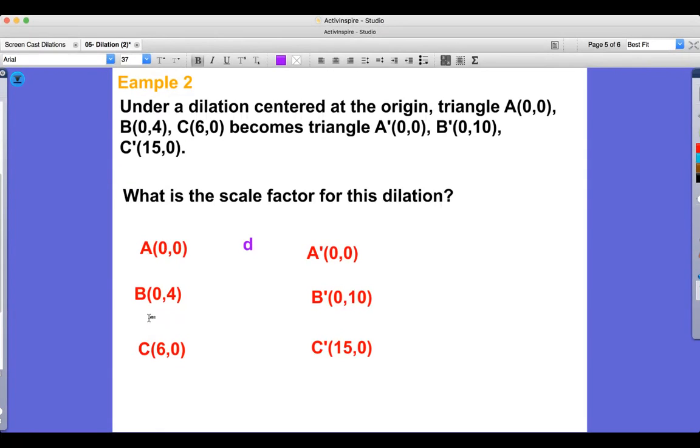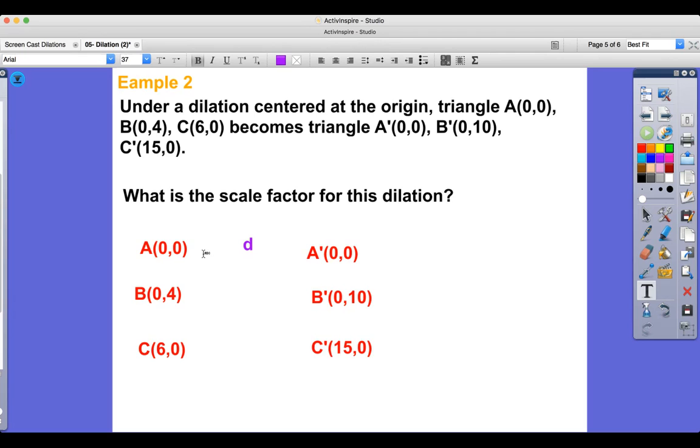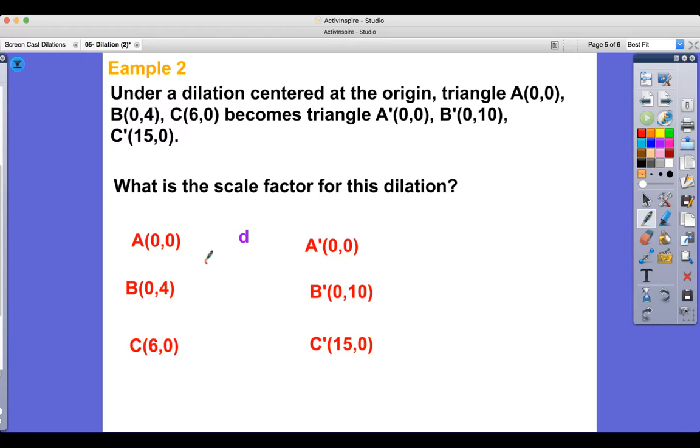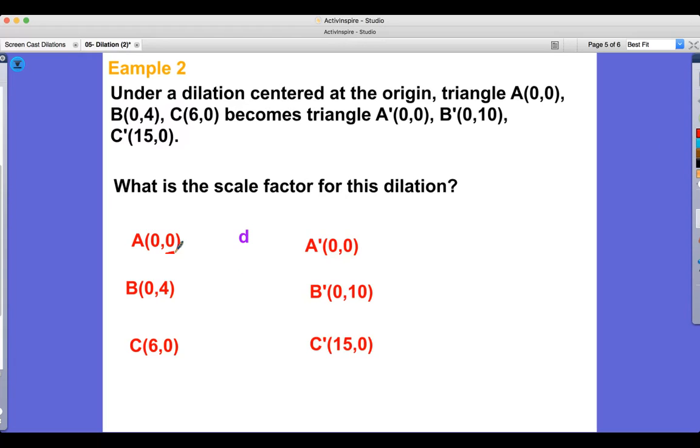Let's say we get this value of 0. If we multiply this value of 0 times D, we should get this value right here. However, this is not going to help us because 0 times whatever is still going to give us 0. That gives us no clue on getting the dilation. So we're going to have to pick a better value.